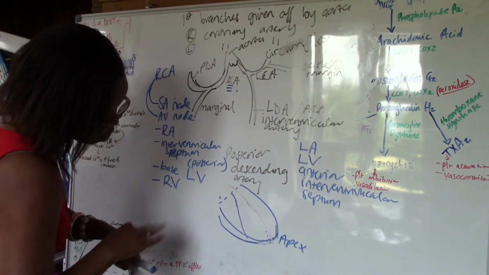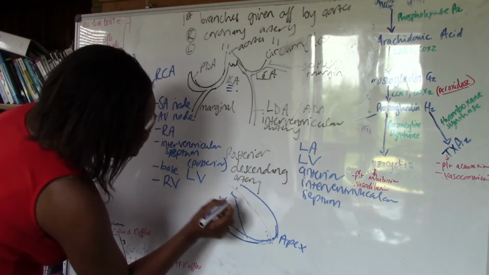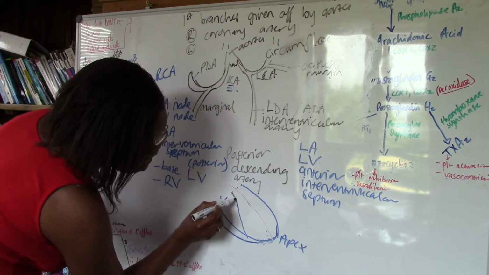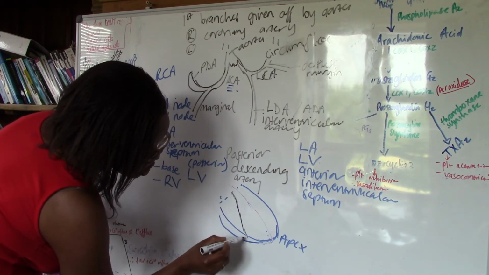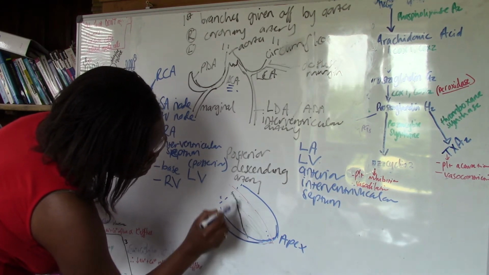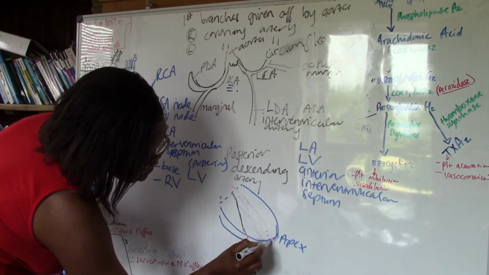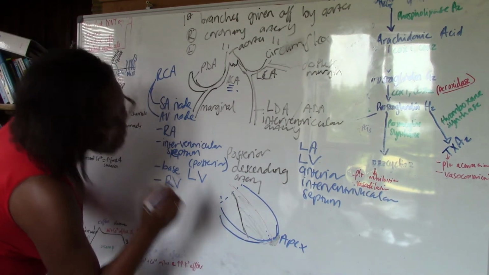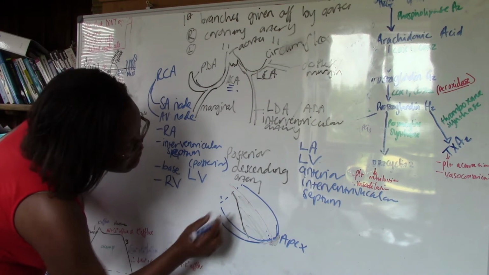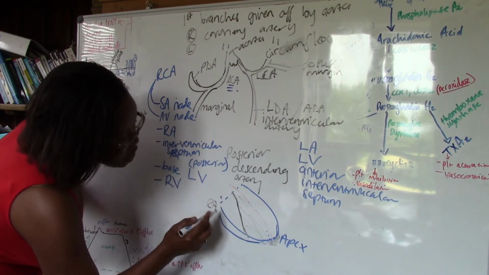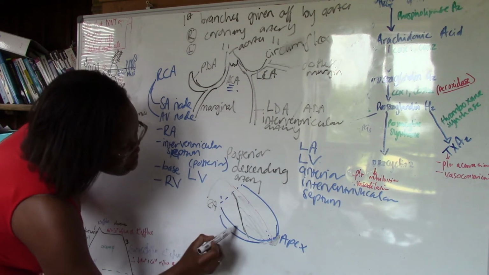So the right coronary will descend, giving off the marginal branch, supply all of the right ventricle and the base of the left ventricle as well. And as it gives off the posterior descending will go on to supply the right atrium, which is obviously found posterior to the ventricle itself.